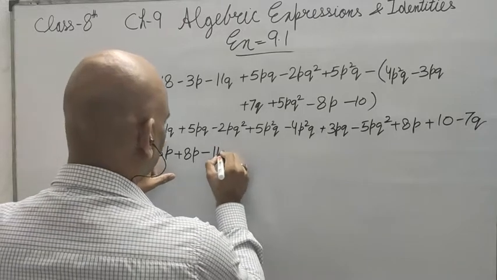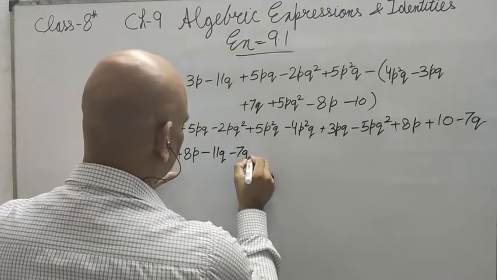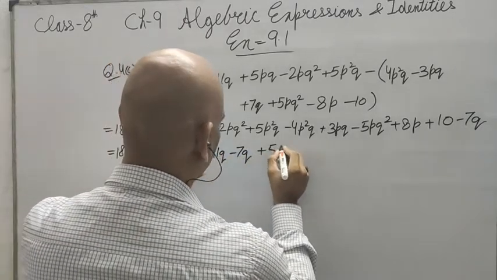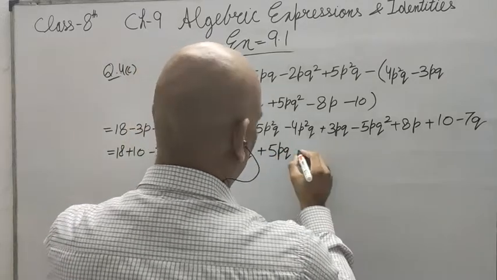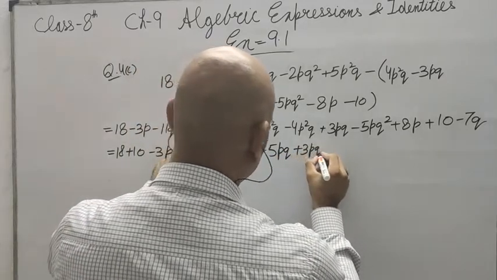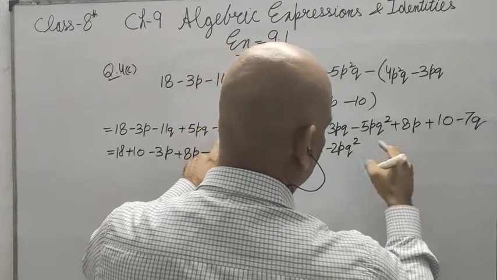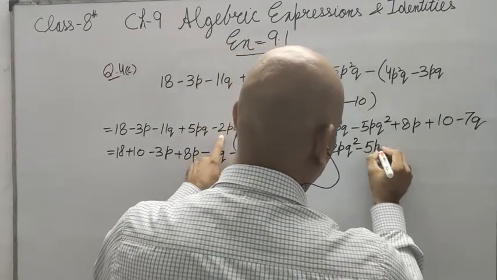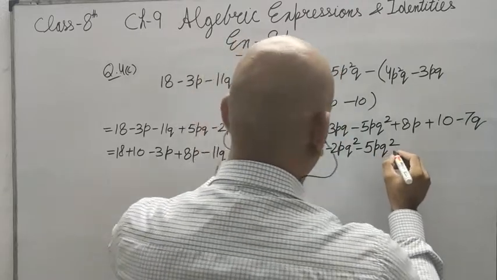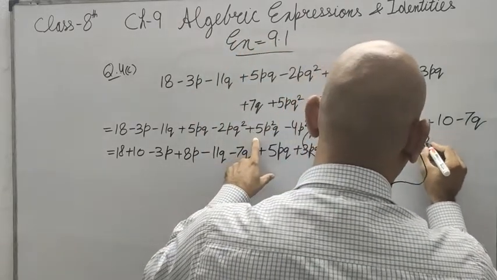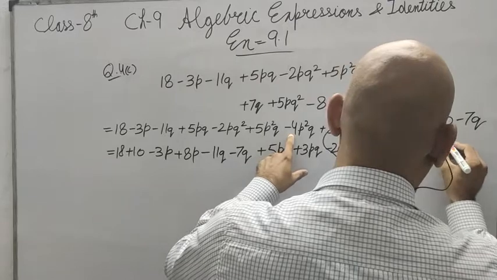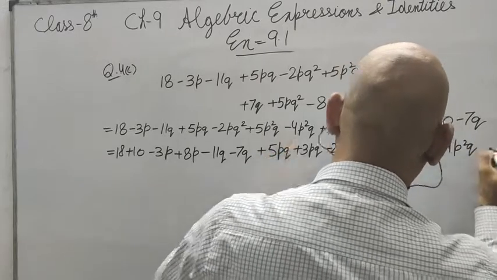Now minus 11q minus 7q, plus 5pq and plus 3pq, minus 2pq square and minus 5pq square, and in the end 5p square q and minus 4p square q.